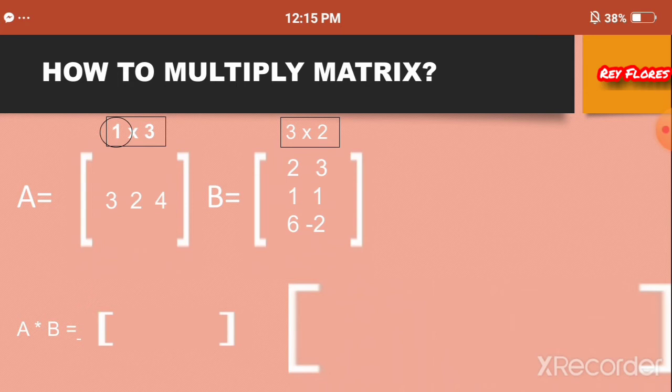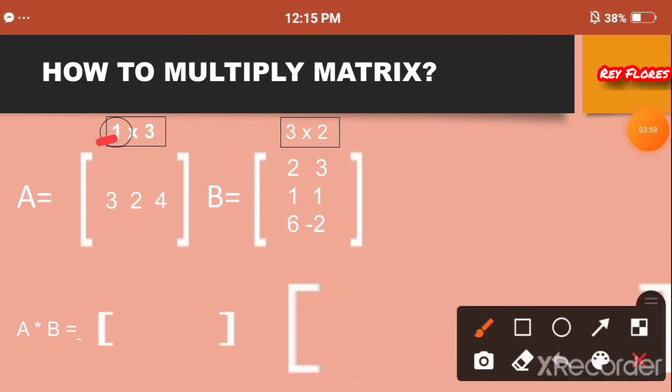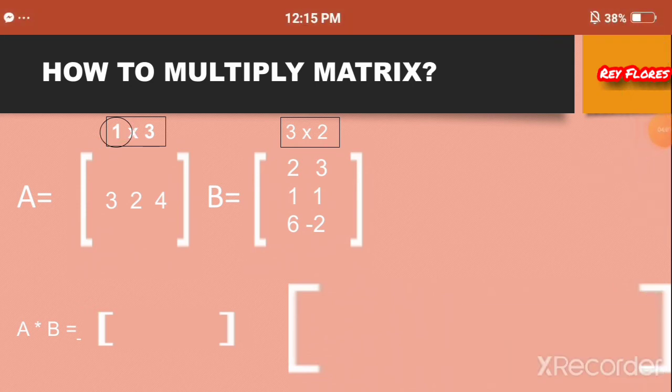Since we have the remaining numbers 1 and 2, the size of our product will be a 1 by 2 matrix.